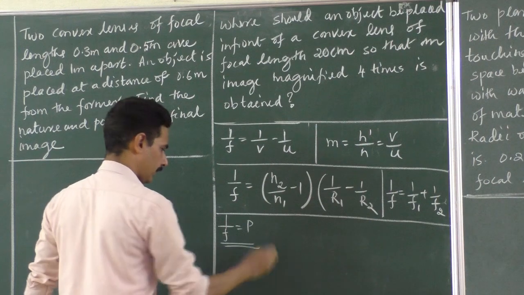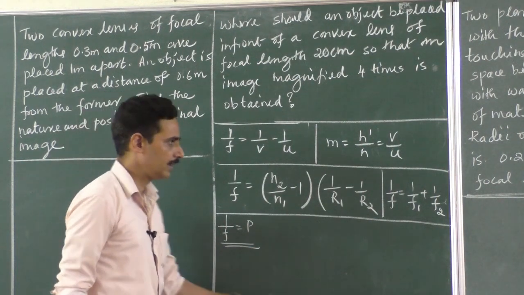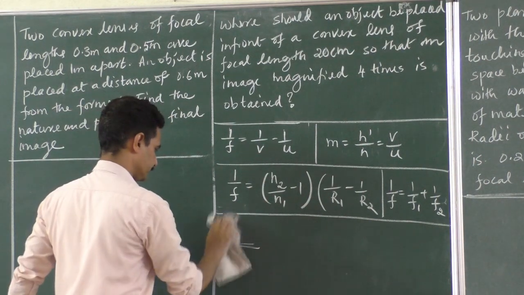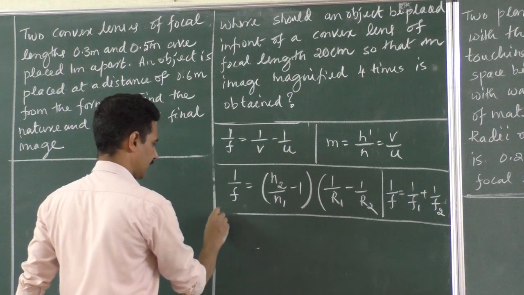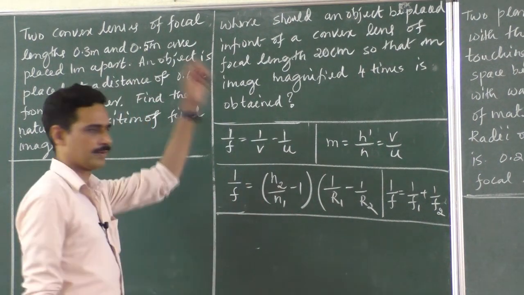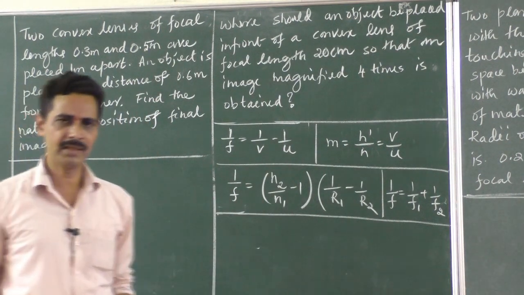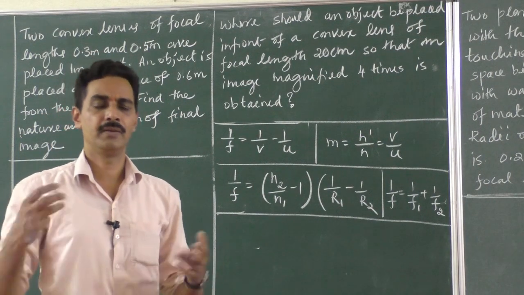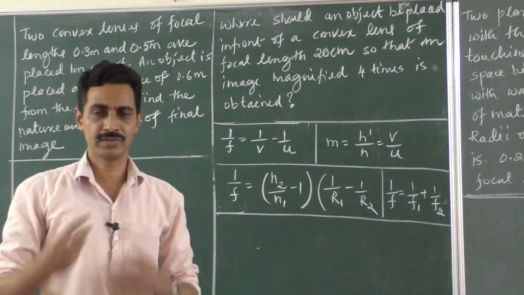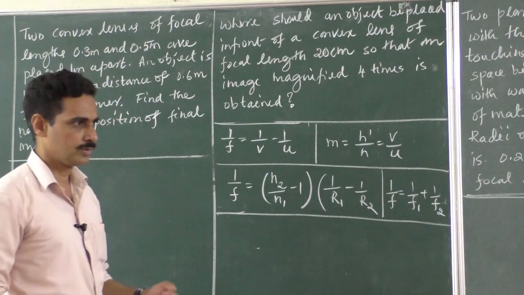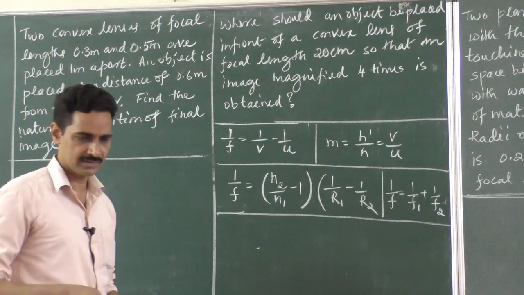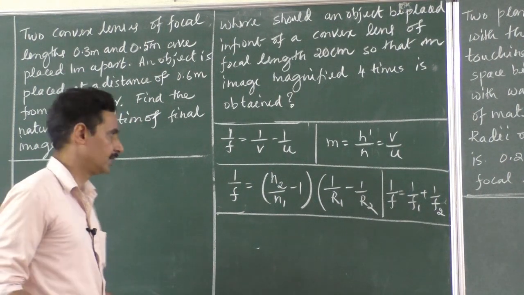We don't have a power problem today, only image formation problems. These formulas are very important, and you should be extremely careful while substituting negative and positive sign conventions. Get experienced with sign conventions, then you will get the confidence.